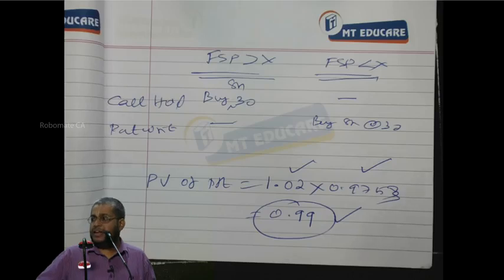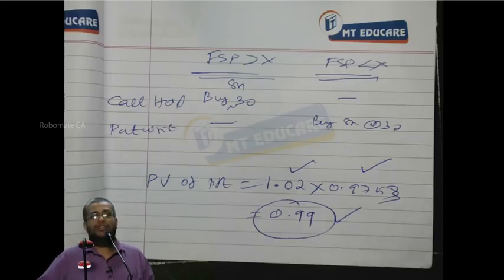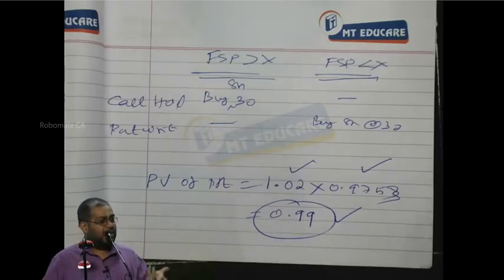That is, what minus what? 33.25 minus 32.26, which is equal to 0.99. If the parity is satisfied, what profit can I earn? 0. The difference is obviously 0. If I do all this, I will be ending up with only 0 profit.